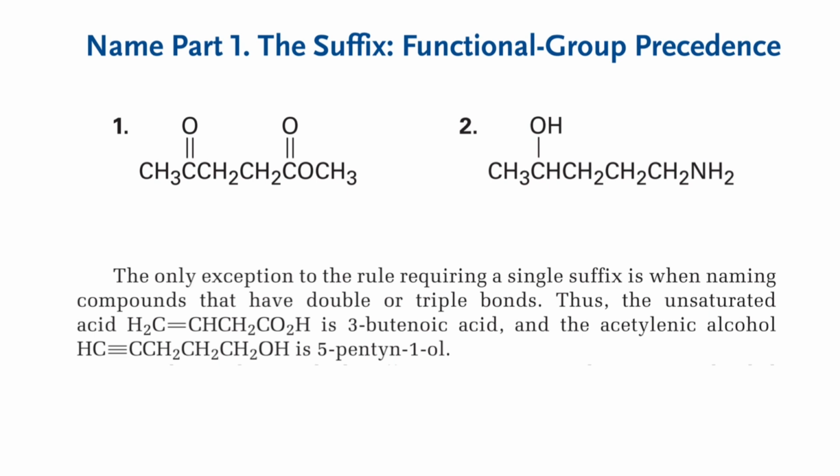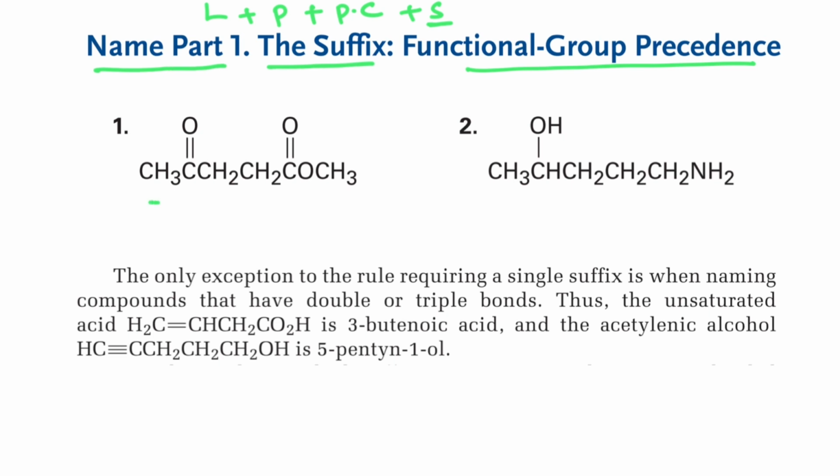Now, name part 1, that is suffix, because I already told you locant plus prefix plus parent chain plus suffix. In that, I took the first one, the suffix. Functional group precedence means priority. Now how do we find out the priority?